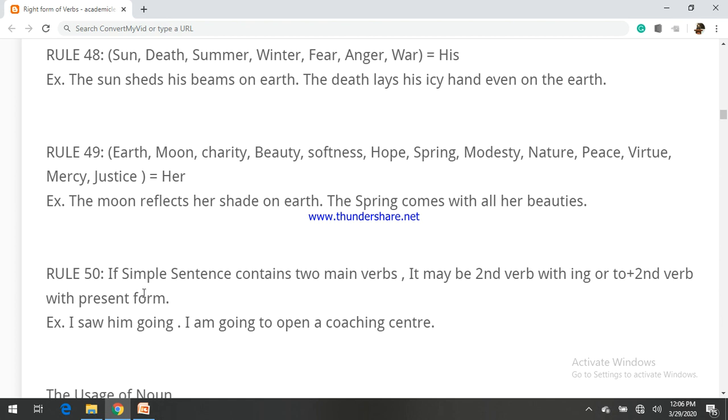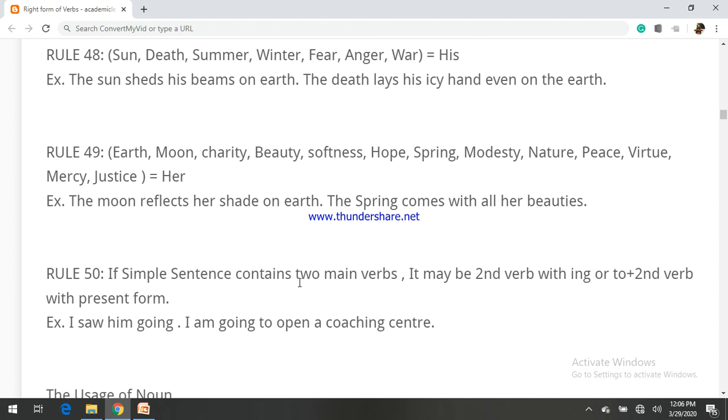If there are two verbs in a sentence, then you have to add verb plus ing to the second verb. Let's see, here is saw and go. That's why going. Again, two verbs. I am going to open. Here open is the first verb. That's why not opening. If there are two verbs in a sentence, we have to add verb plus ing to the second verb.